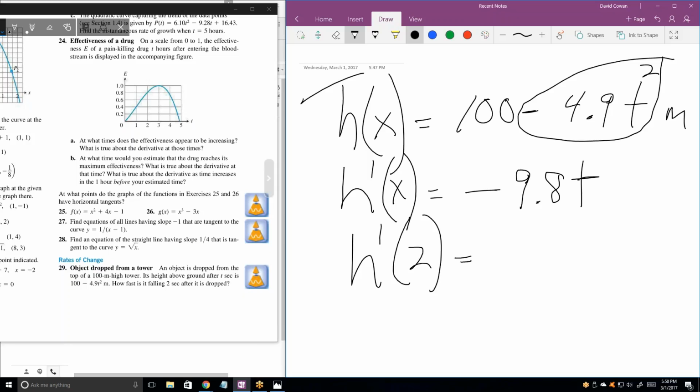That will tell us the velocity at 2 seconds. Substitute 2 for t and you get 19.6 meters per second. That's how fast it's moving at the end of 2 seconds.